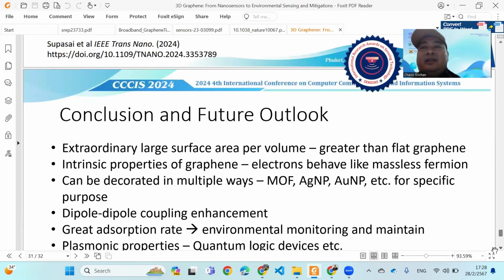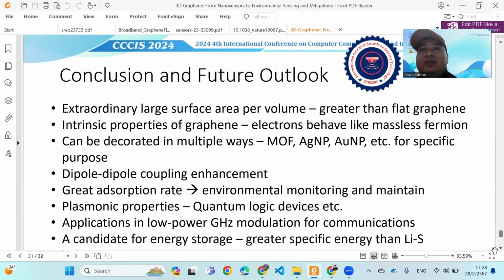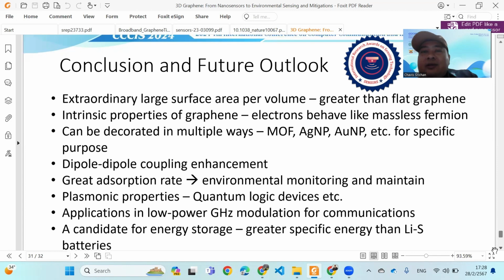But anyway, you will get the idea that the 3D structure of graphene is very useful in photonic sensing, like enhancing Raman spectroscopy, which we call surface enhanced Raman spectroscopy or SERS, or even with electrochemistry, where we detect trace amounts of NGAL in the urine and can say that people are suffering from kidney damage. We call it acute kidney injury.